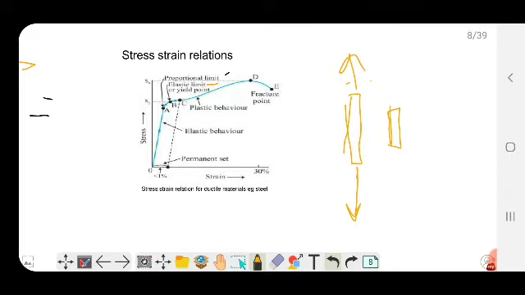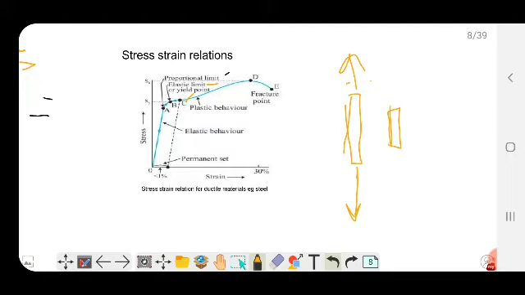After that, this deformation is permanent. That is, even after removing the force we are applying on the steel rod, whatever deformation it has undergone due to the force, it will be remaining as such. So we can see plastic behavior after that. C is that yield point after which it has a permanent set.